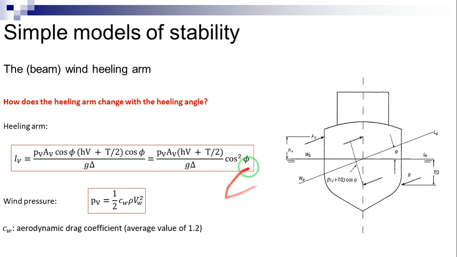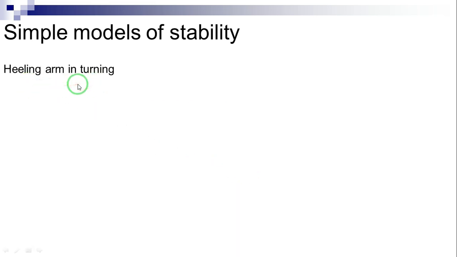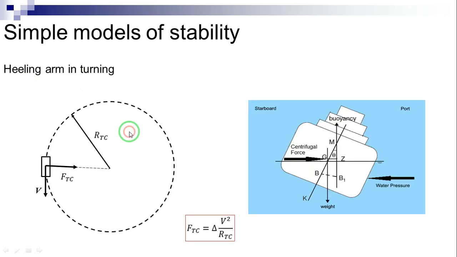Heeling arm in turning. When a ship turns with a linear speed v in a circle of radius RTC, a centrifugal force FTC develops. It acts in the center of gravity, G, at the height kg above the baseline. From mechanics, we know that this force FTC is estimated using this equation.